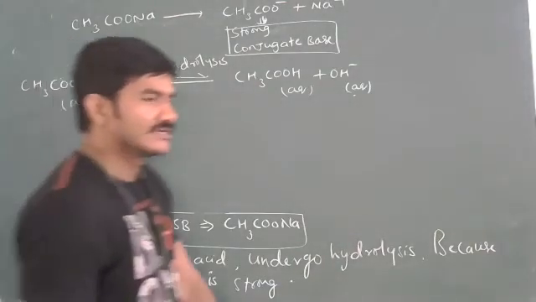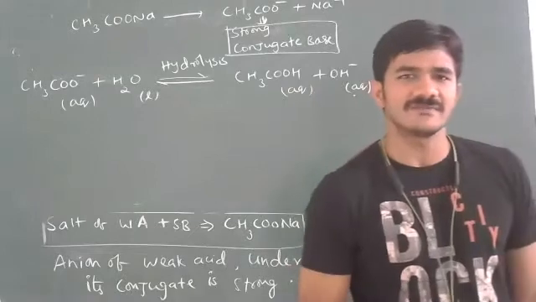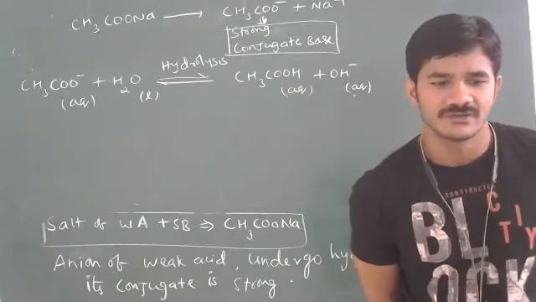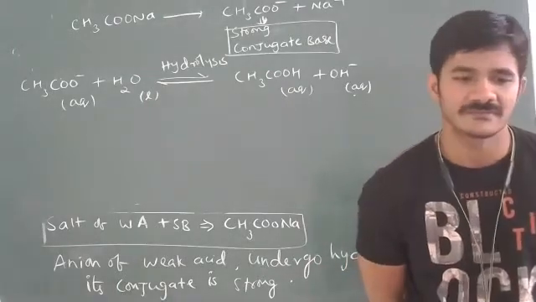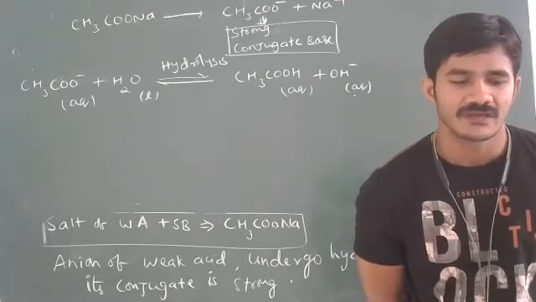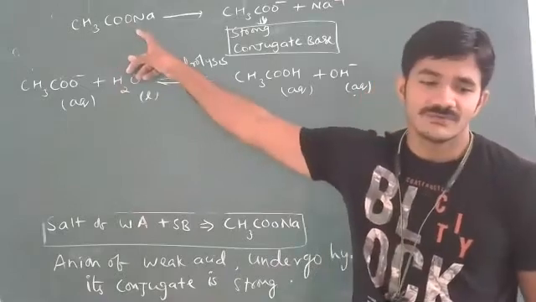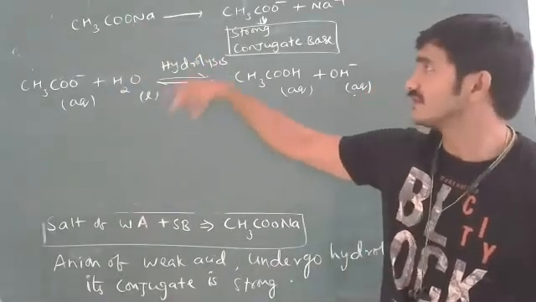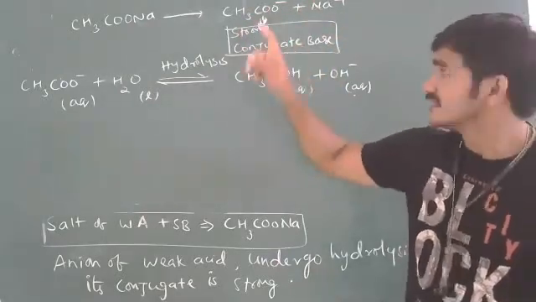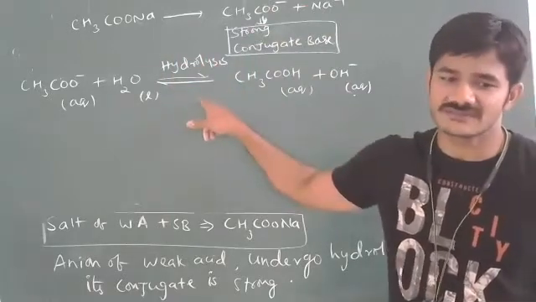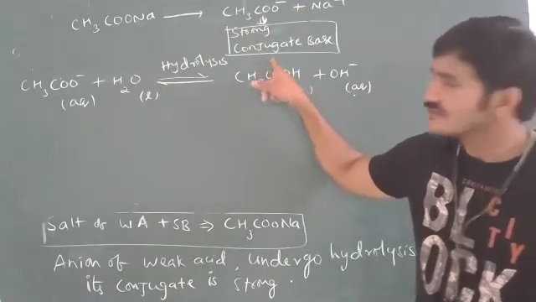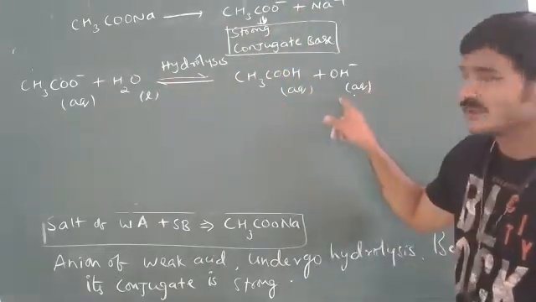Now you tell me, if a salt of weak acid and strong base undergoes hydrolysis, which type of ions are produced? When a salt of weak acid and strong base dissolves in water, both ions will not undergo hydrolysis. Only the strong species undergo hydrolysis. Among these two, which is strong? Acetate ions are strong, so acetate ions undergo hydrolysis, producing OH minus ions.